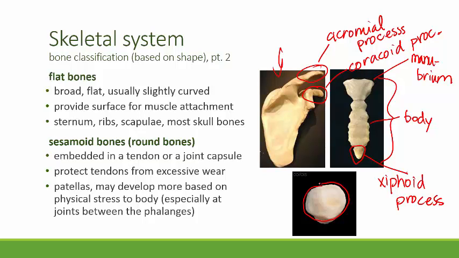And over time, those little pouches may develop into sesamoid bones. So we see them primarily at joints, like in the joints among the phalanges. So they're at the fingers and sometimes around the wrists and ankles as well. Sesamoid bones may develop.